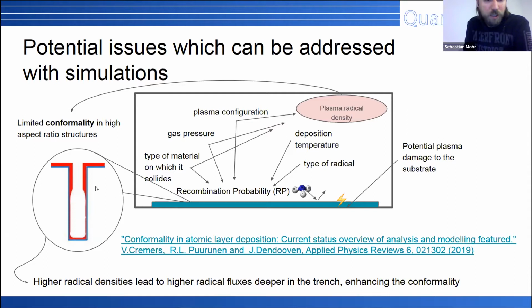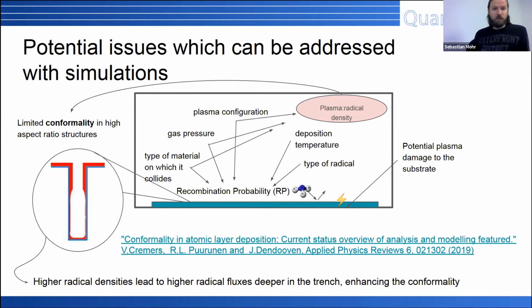In the end, how these structures look usually depends on the kind of particles which reach the surface. There are particles which actually deposit the species, but there are also particles which can potentially damage the deposited layer.